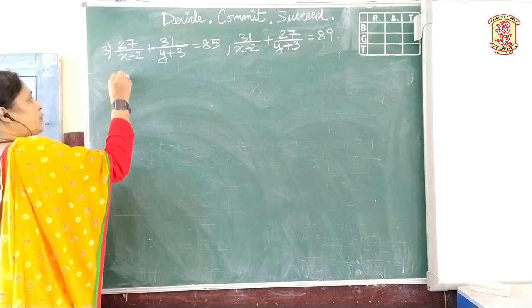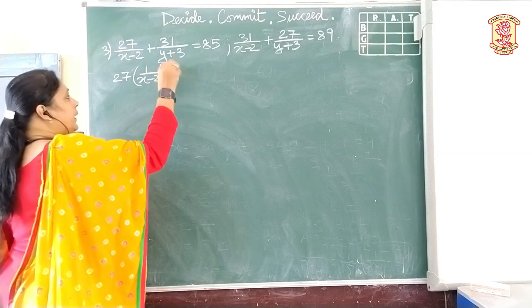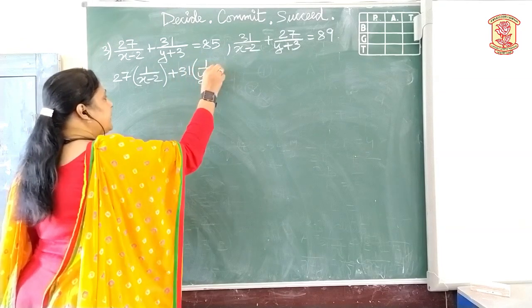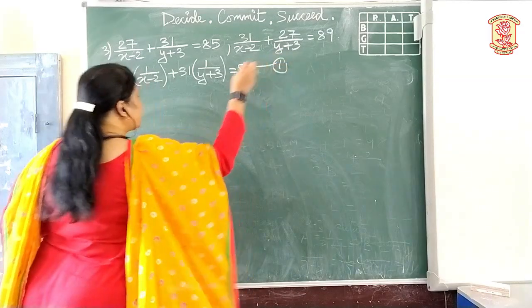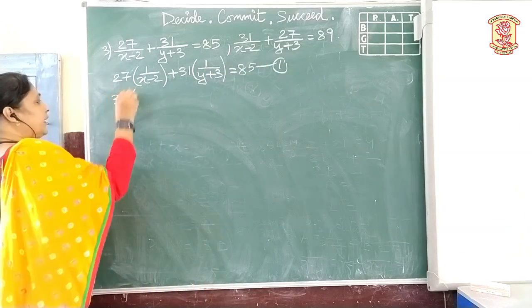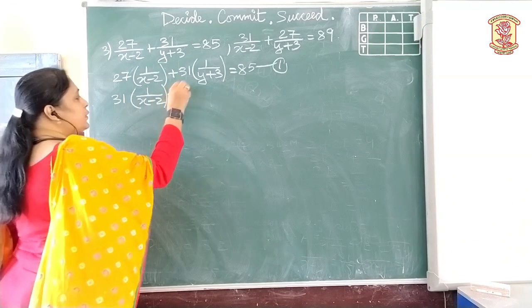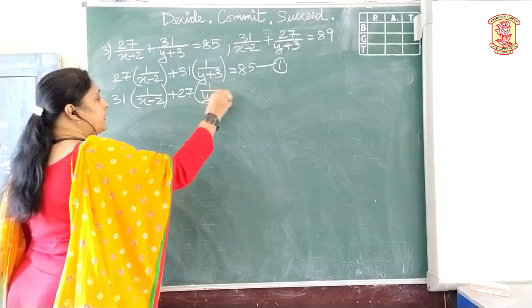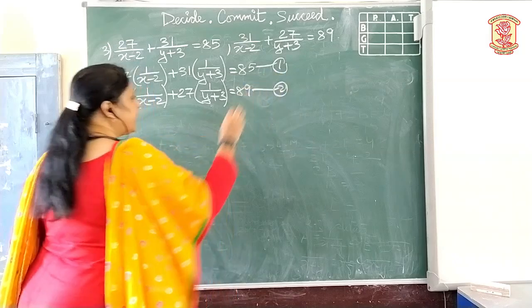So this becomes 27 into 1 upon x minus 2 plus 31 into 1 upon y plus 3 equals 85 will be the first equation, and the next one will be 31 into 1 upon x minus 2 plus 27 into 1 upon y plus 3 equals 89 will be the second.